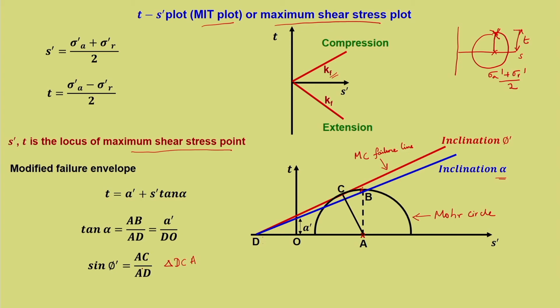So, that is what is written here. Now, we also know AB and AC are radii, so AB is equal to AC, that means this expression and this expression are the same. Hence we can write tan alpha, which is the required inclination of the failure line of the T S dash plot, is equal to sin phi dash, and phi dash comes from the Mohr-Coulomb failure envelope.